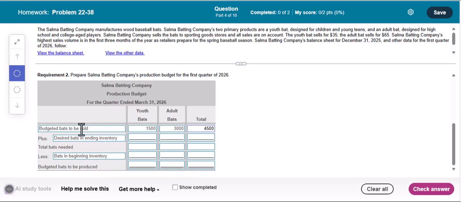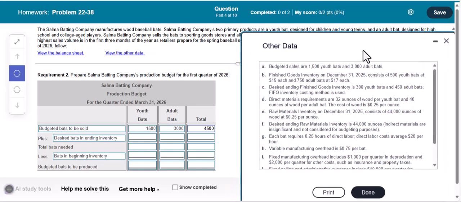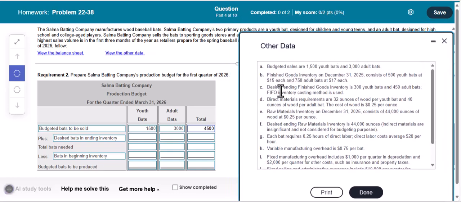So now we need to add in desired bats in ending inventory. So we're going to want to open up our other data right here. And it should be right here in C. It's going to tell us our desired ending finished goods inventory is 300 youth bats and 450 adult bats. So it's given to us right there.